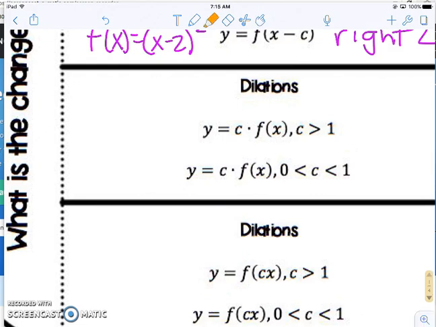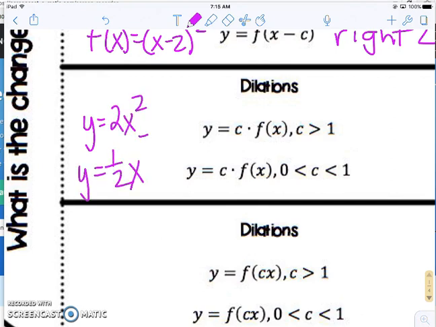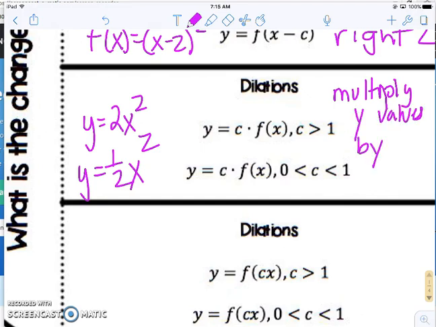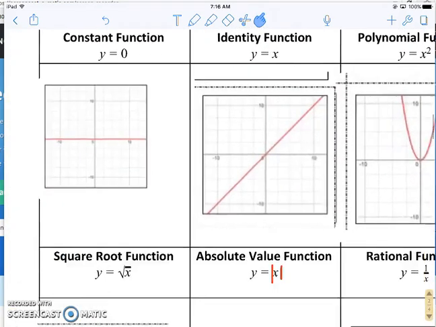So this is kind of like saying if we did y equals 2x squared or y equals 1/2 x squared, you multiply the y values by your scale factor of c. So a lot of times you call these vertical stretches and compressions.